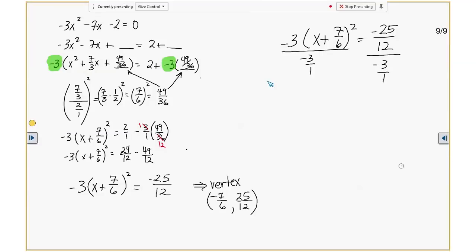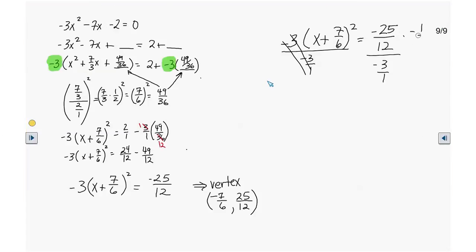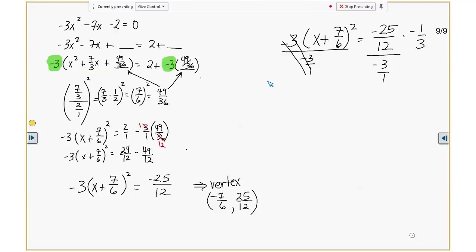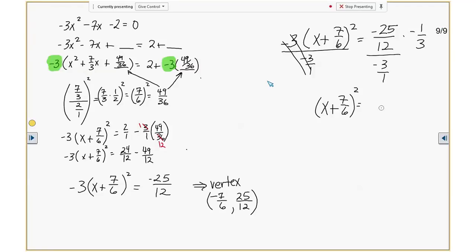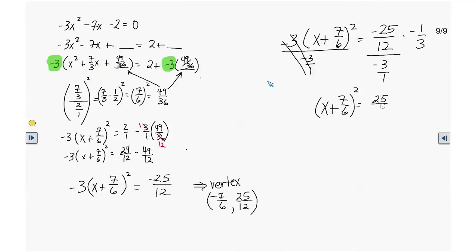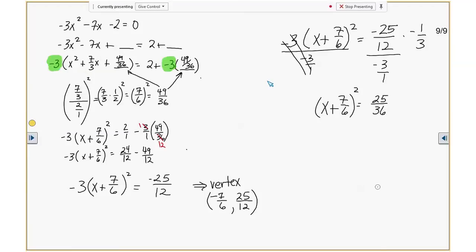Again, I'm showing you, just remember your fractional laws. You get x plus 7/6 quantity squared equals negative 25, a positive 25 over 36. Now, isn't that nice? What's nice about it? They're both perfect squares.